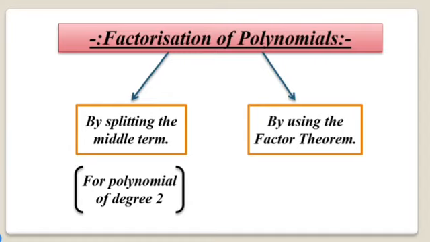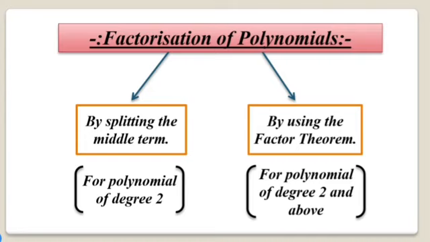We use the second method for polynomials of degree 2 and above, that means polynomials of degree 3, 4 and so on. For all polynomials we can use the factor theorem, but the splitting method we use only for polynomials of degree 2.